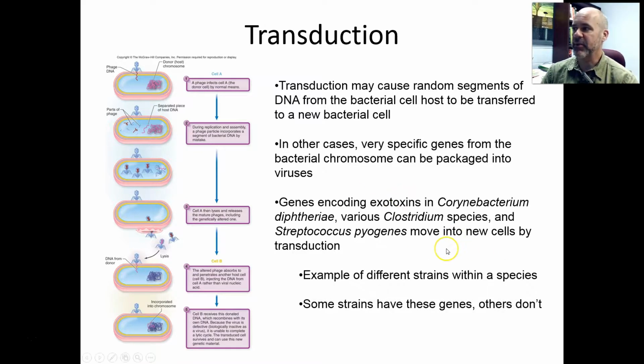It can be passed through a bacteriophage. There are various Clostridium bacteria that do this, where transduction has been involved in moving genes from cells that did have them to cells that didn't have them. And then there are strains of Streptococcus pyogenes, that's your strep throat organism. There are strains of that that have picked up new genes through transduction as well.